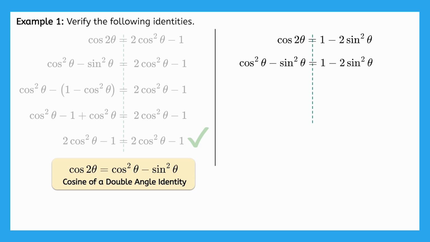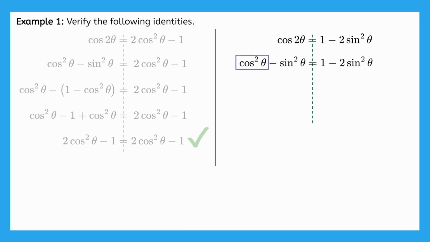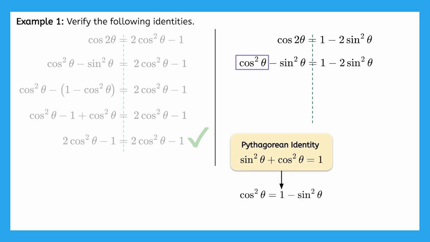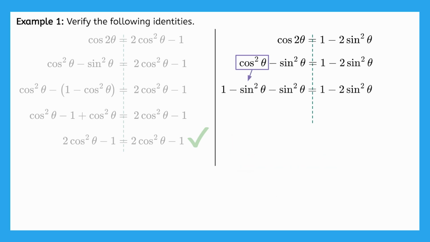Then, we want to switch out this cosine squared for an expression involving sine squared, which we can get by isolating cosine squared in the Pythagorean identity. Replacing cosine squared theta with 1 minus sine squared theta on the left side, and then combining like terms yields 1 minus 2 sine squared theta, which verifies the identity.